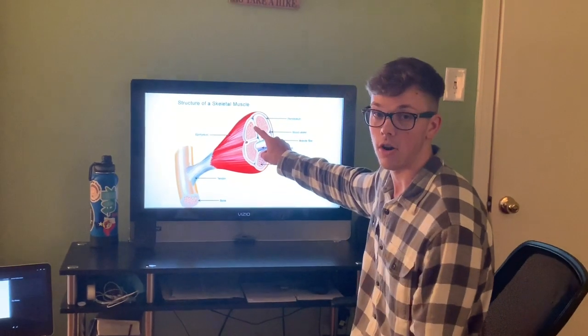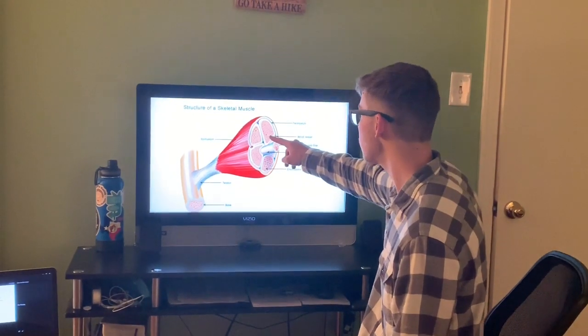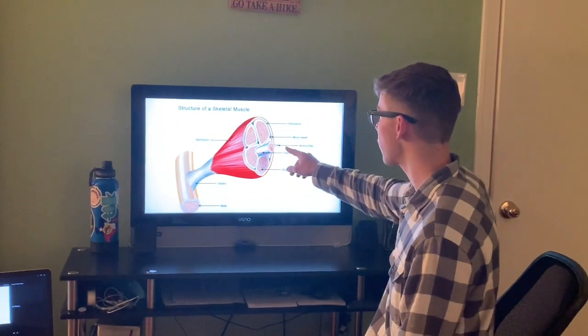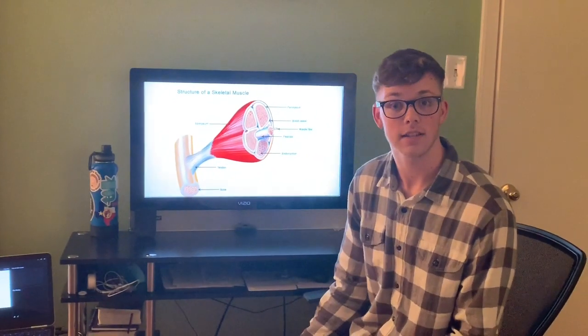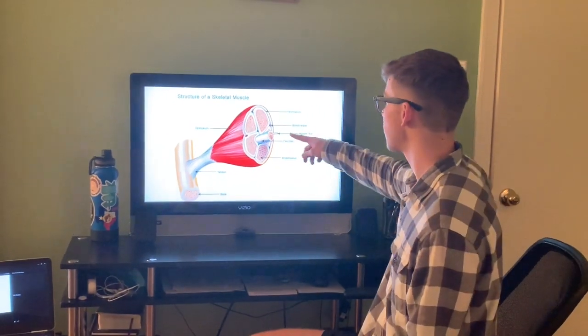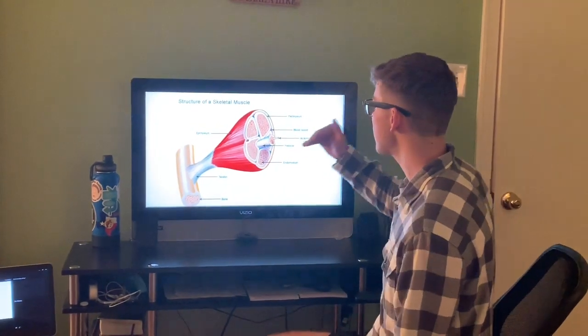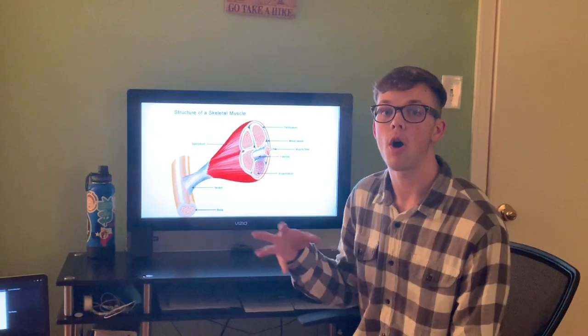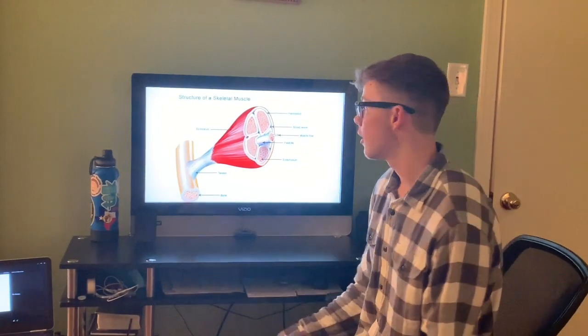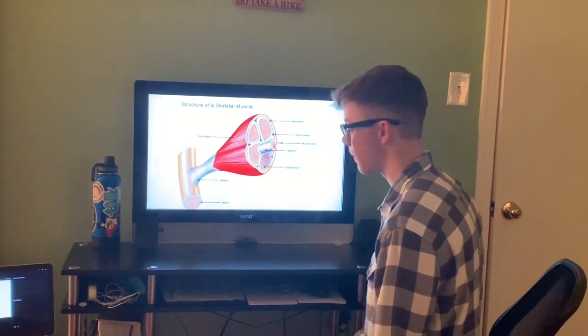All the little dots are muscle fibers themselves. And if we break it down even further, the individual muscle fibers inside that fascicle are surrounded by what is called the endomysium. The epimysium, perimysium, and endomysium all surround certain aspects of the muscle.